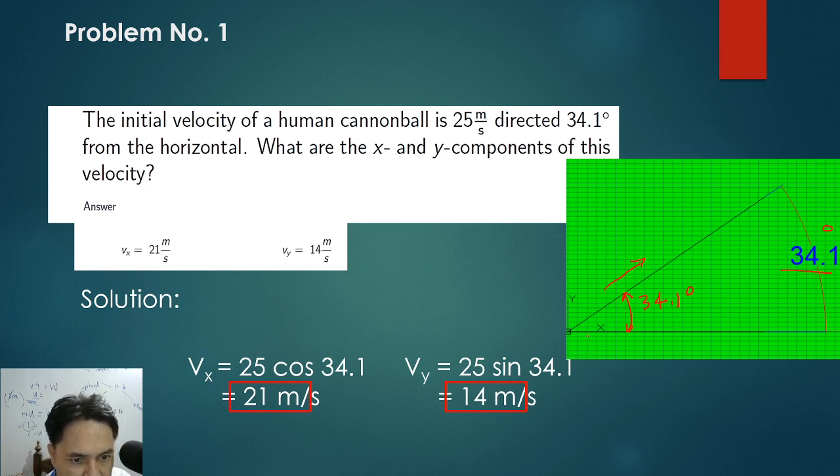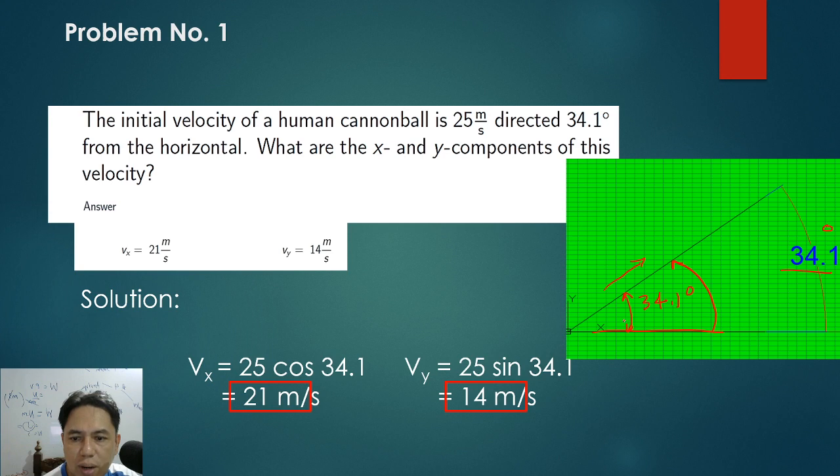This is the horizontal line, and 34.1 degrees coming from the horizontal. Now, we are asked to find the components of this magnitude.